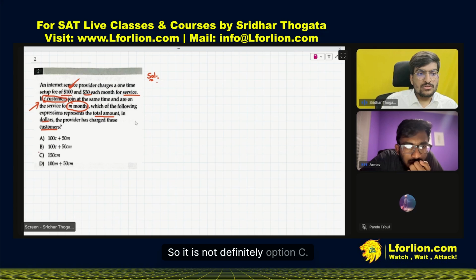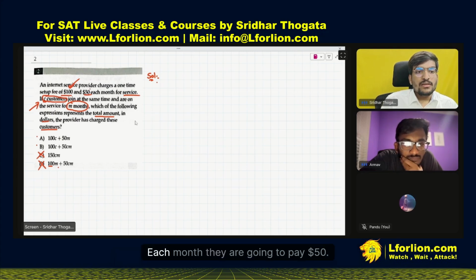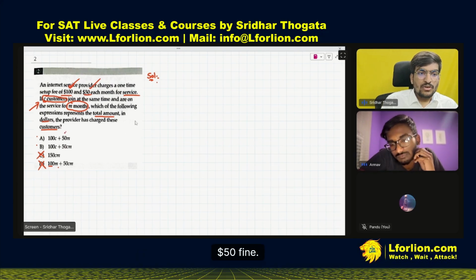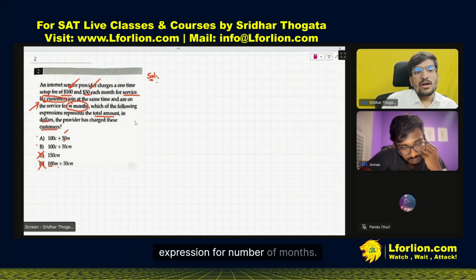So it is definitely not option C and option D, because it must be 100C. So it may be A or B. And then each month they are going to pay $50. Each month they are going to pay $50. So for how many months? We are going to give the expression for the number of months. We don't know how many months it is.